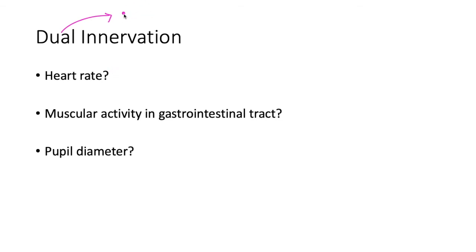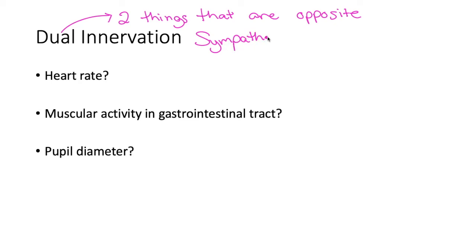So these are two things that are opposite, and they're coming from the nervous system. And those two things, of course, would be the two divisions. Sympathetic versus parasympathetic. And they each will innervate the same set of organs, but they'll do opposite things to them.